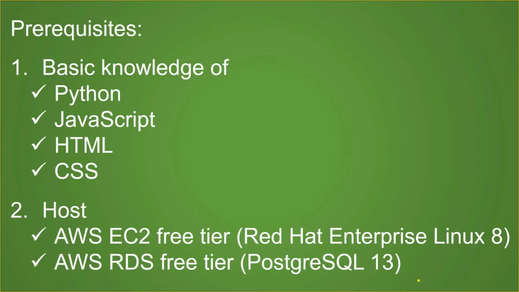If you cannot have an AWS EC2 instance with Red Hat Enterprise Linux for some reasons, you can use a Docker image of CentOS on your PC instead. In this tutorial, it is assumed that you have two AWS instances of EC2 and RDS.